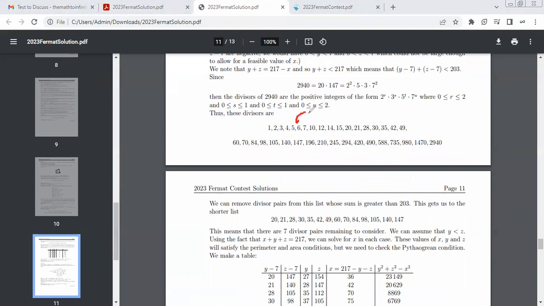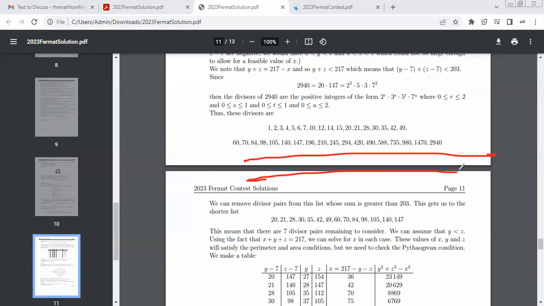For example, you can multiply 6 and 10. You can multiply 7 and 10, right? Like when you divide 2940 by 10, you will have 294, which means this is also a positive divisor, isn't it?